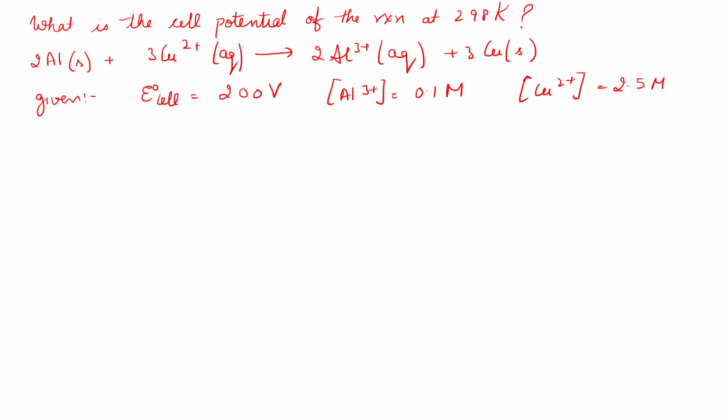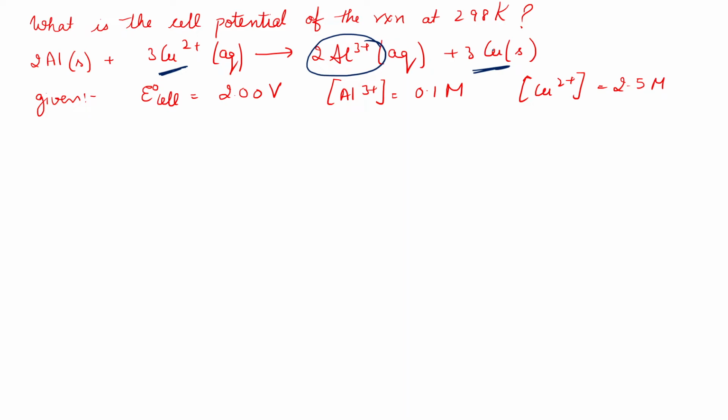Coming to the next question. What is the cell potential of the reaction at 298 Kelvin where two aluminium atoms are converting into two aluminium 3 plus ions and 3 copper 2 plus ions are converting into 3 copper solid?